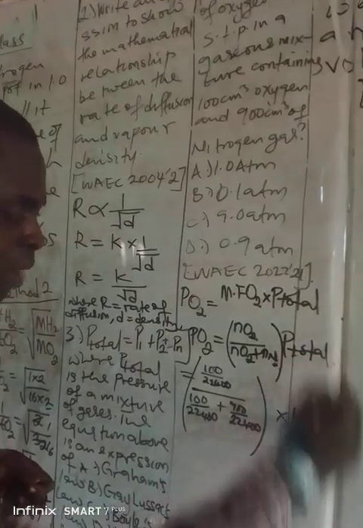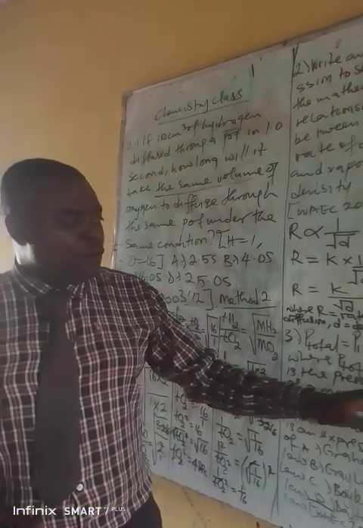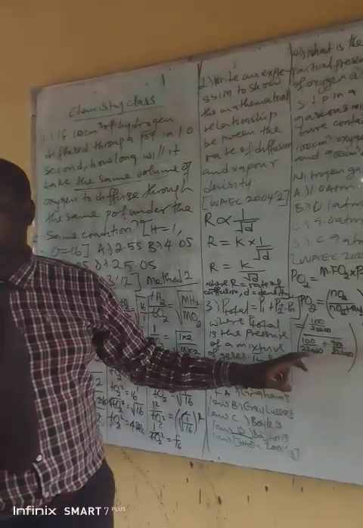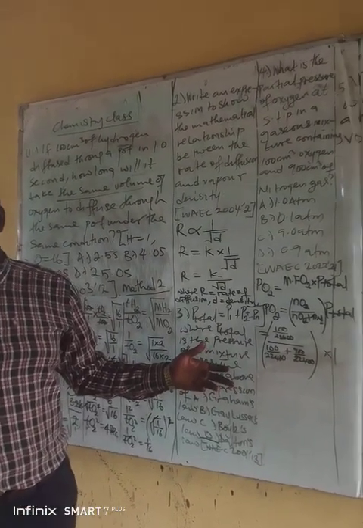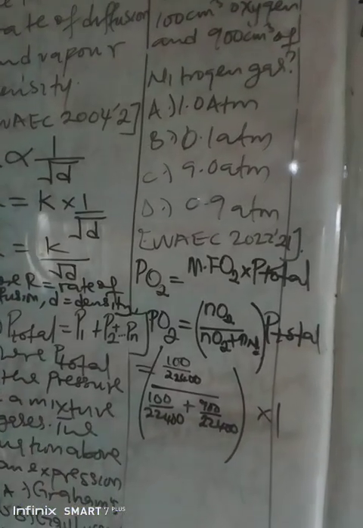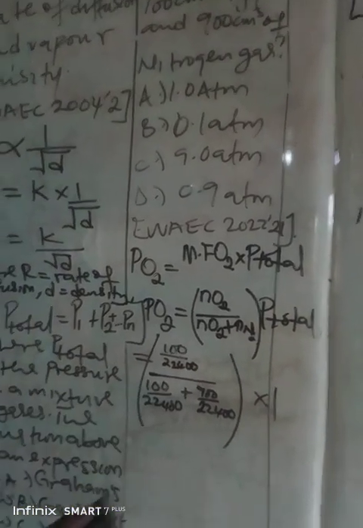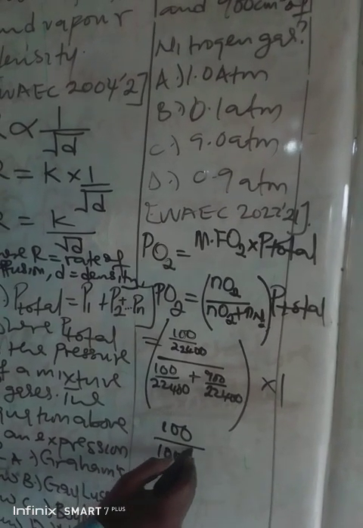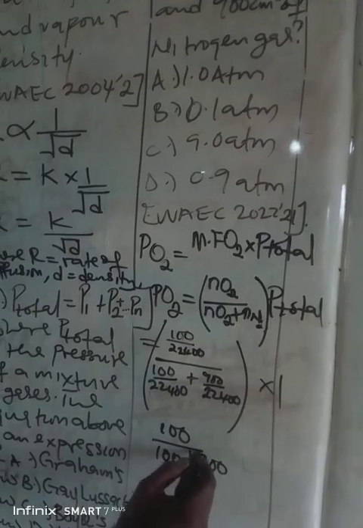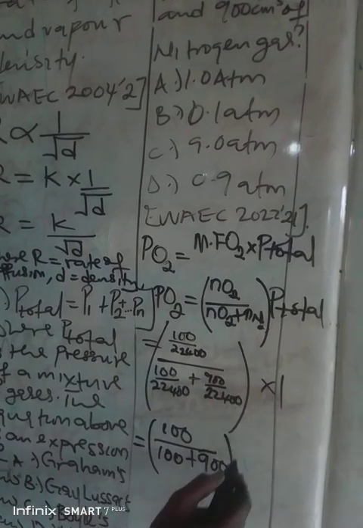Do you notice that 22,400 is common to all of them? We may do without it. In mathematics, we can factorize it and cancel everything common. We don't need it. Just pick up this: 100 over 100 plus 900, everything times 1.